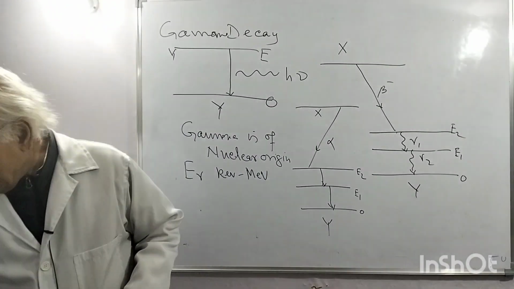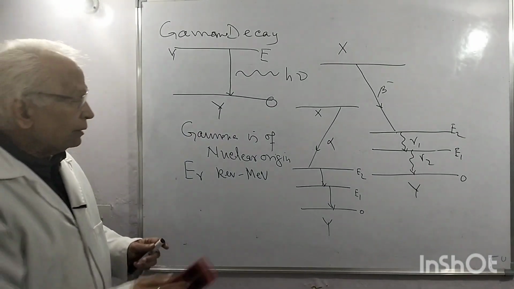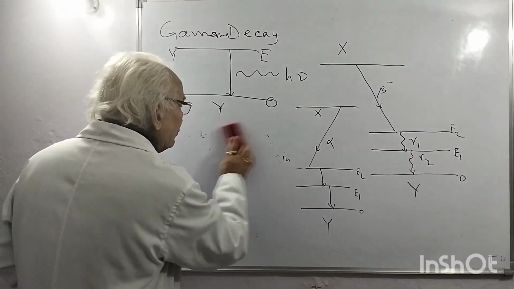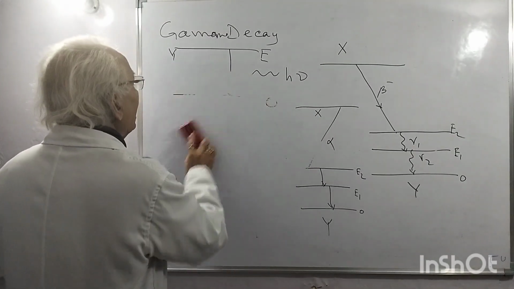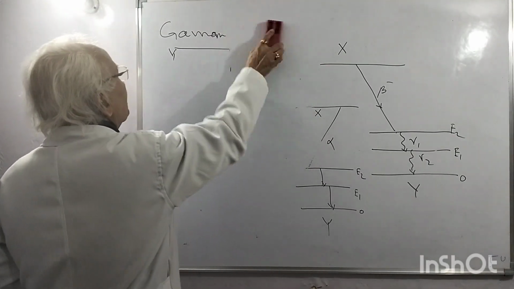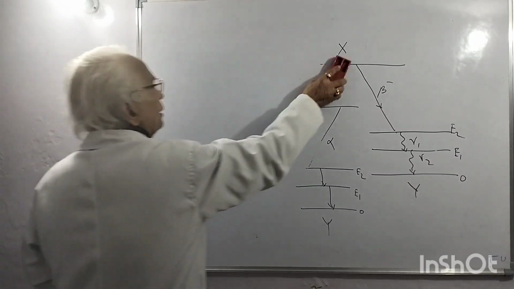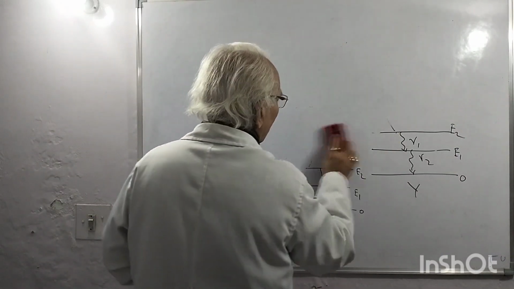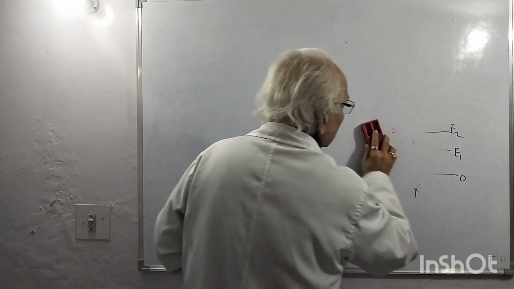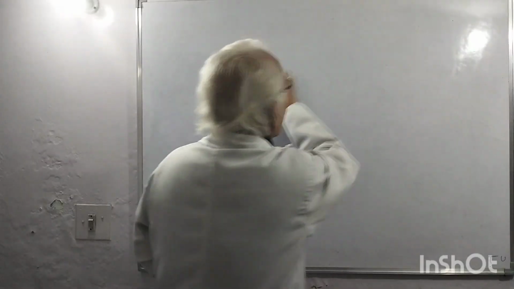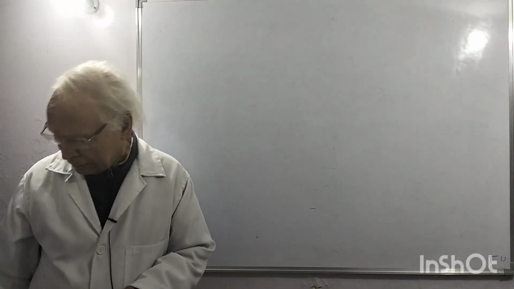Now I give an example, this is natural and artificial. Artificial means a man-made system, man-made decay. How do we transform one system to another system by nuclear reactions?